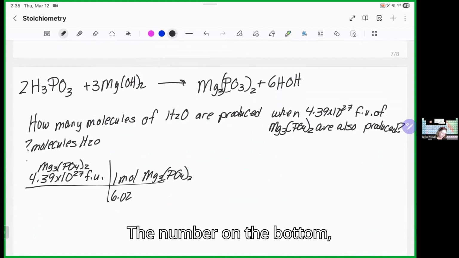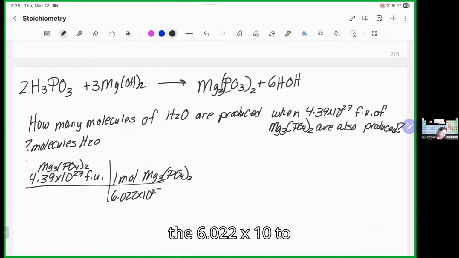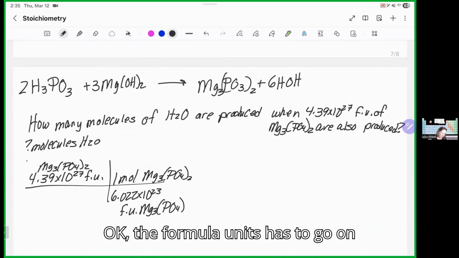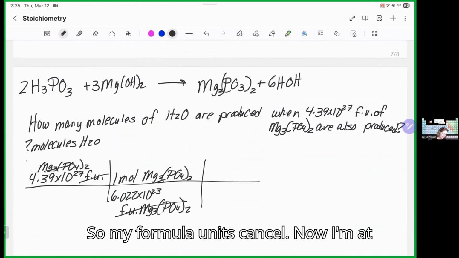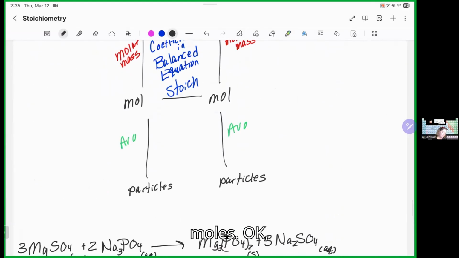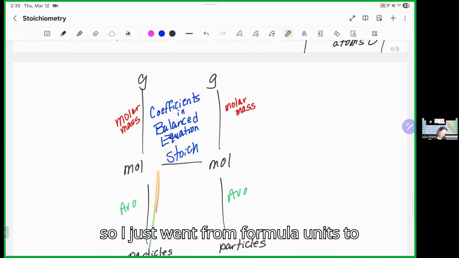The 6.022 times 10 to the 23rd formula units. Okay, the formula units has to go on the bottom, so the mole on the top. So my formula units cancel. Now I'm at moles. Okay, so I just went from formula units to moles.